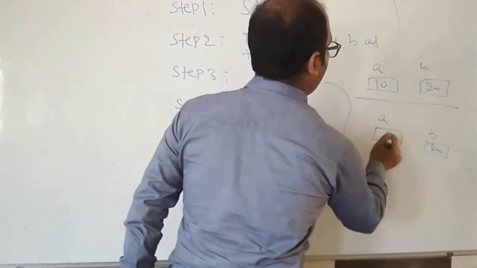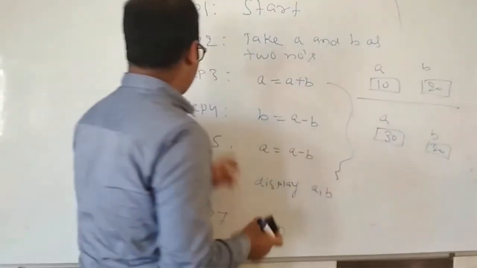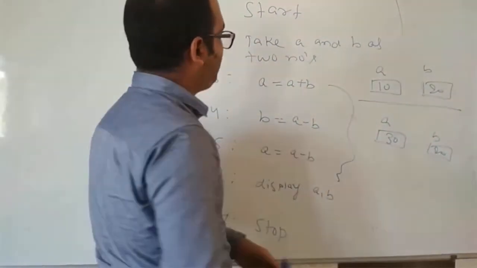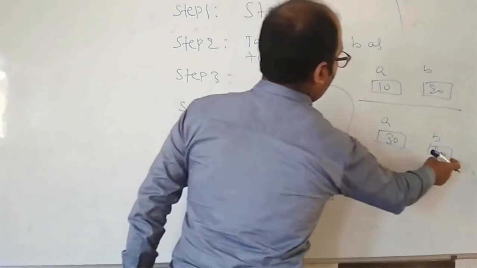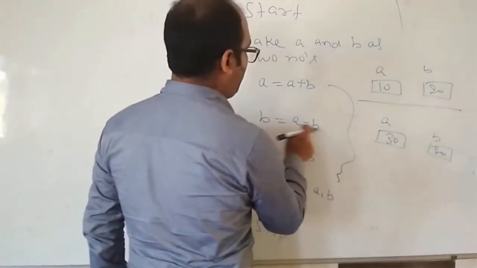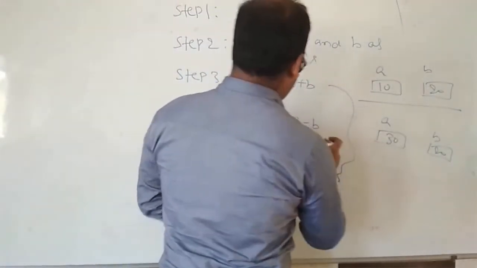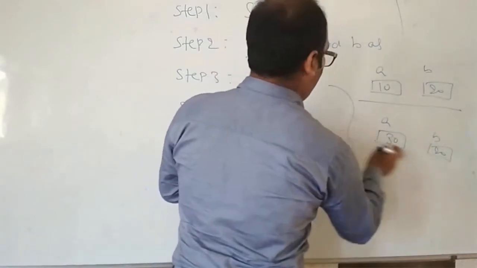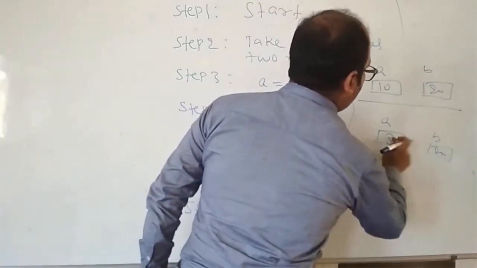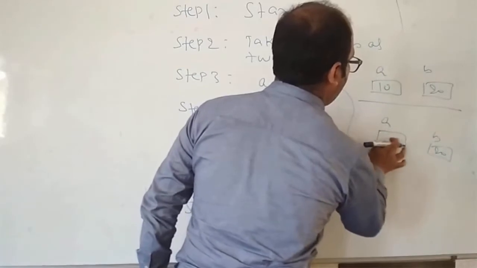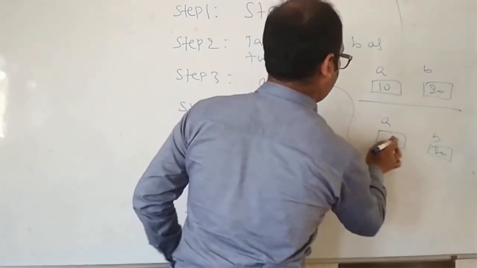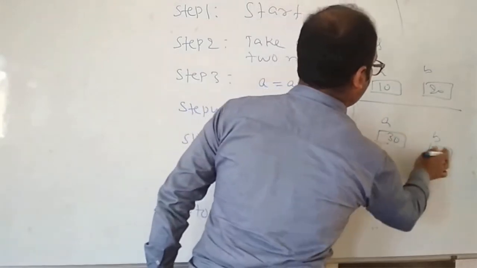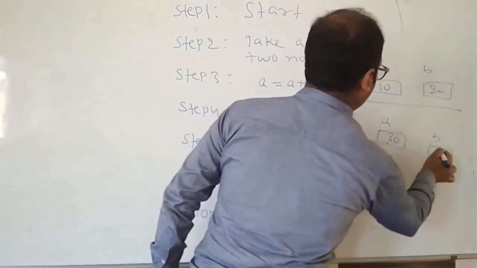So in A, 30 will be there. In the next step, B equal to A minus B. Now the value of A is 30, B is 20. So in B, the value will become 30 minus 20, that is 10.